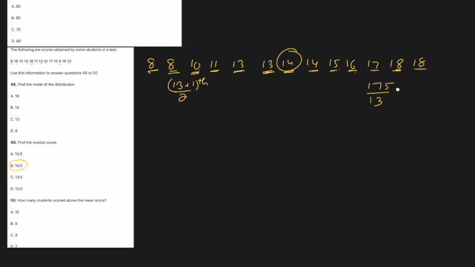So 175 divided by 13 will be 13.4. So how many students scored above that? How many scored above 13.4? 1 2 3 4 5 6 7. 7. D is the answer in this, and that concludes the solutions of this paper 1 of WASSCE 2022.